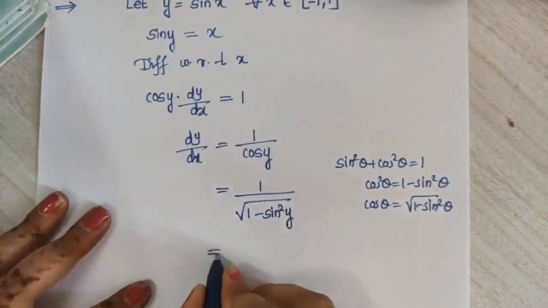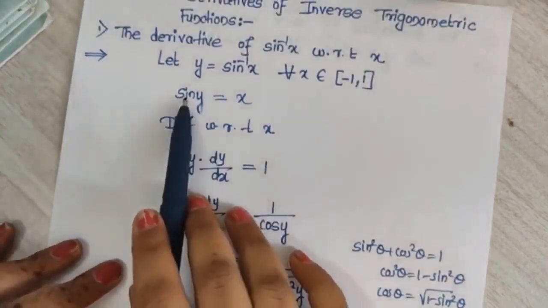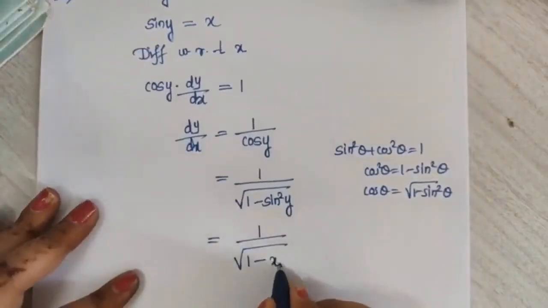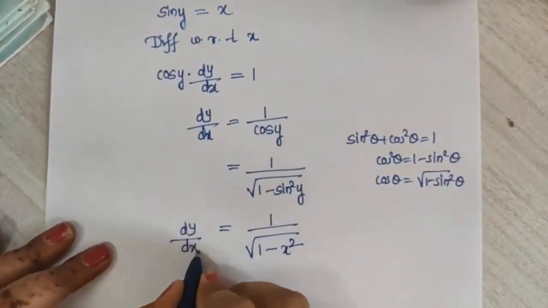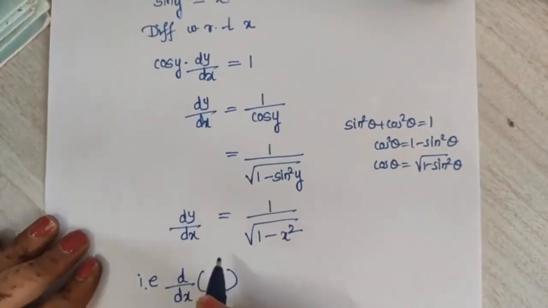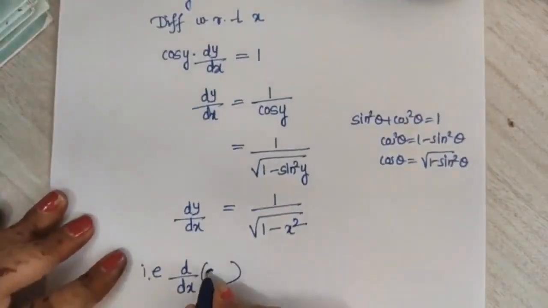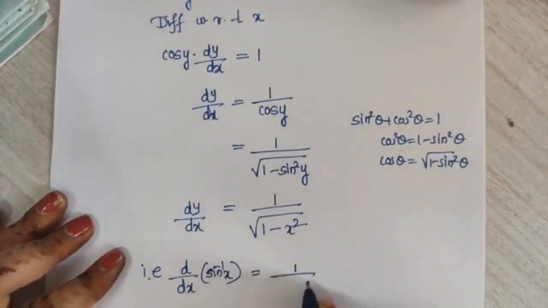Now this is equal to 1 divided by root of 1 minus, sin y is nothing but x, sin square is there, so I'll write x square. So this is dy by dx, that is nothing but d by dx of y, and that y is what we have taken in the beginning, sin inverse x. d by dx of sin inverse x is equal to 1 divided by root of 1 minus x square.